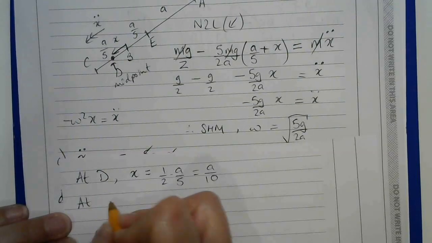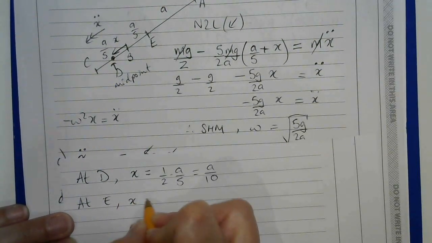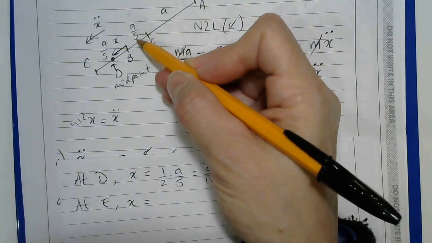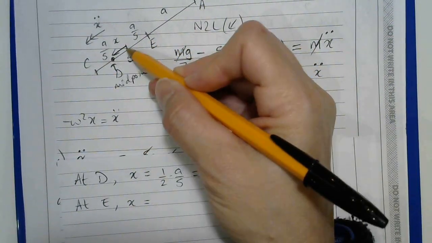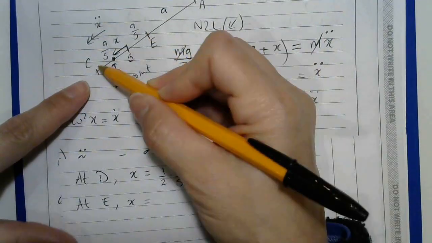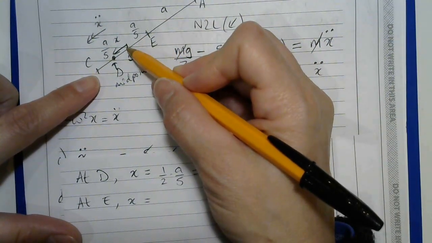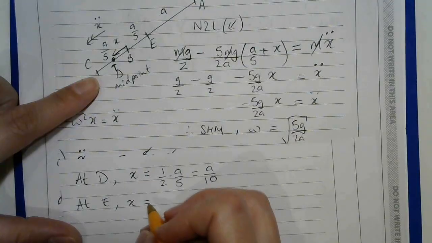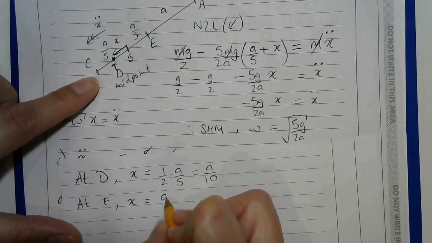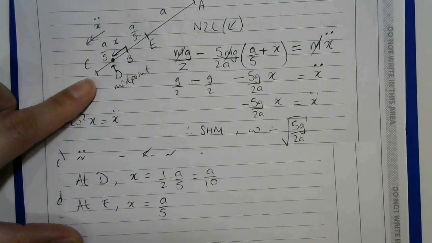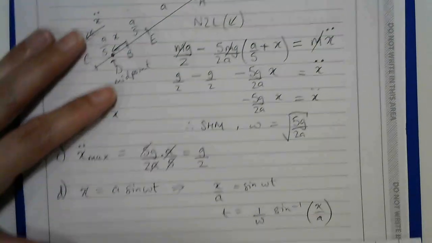And at E, x is, I could write negative a over 5, but that's going to be the same as if I put it over here. So I can use a over 5, minus a over 5, or a over 5. But in order to get a positive value, I'm going to put a over 5. Okay, which in fact is the amplitude.